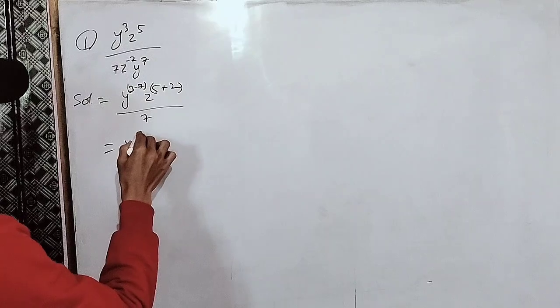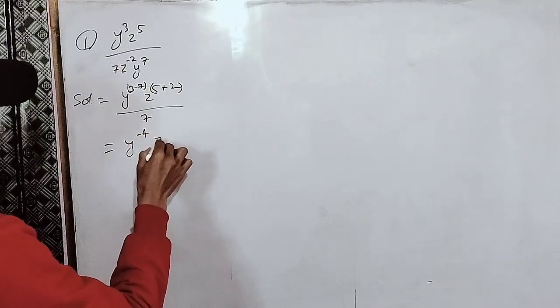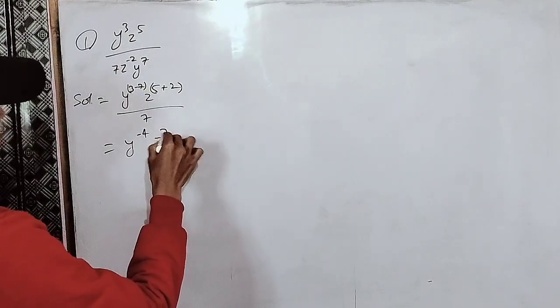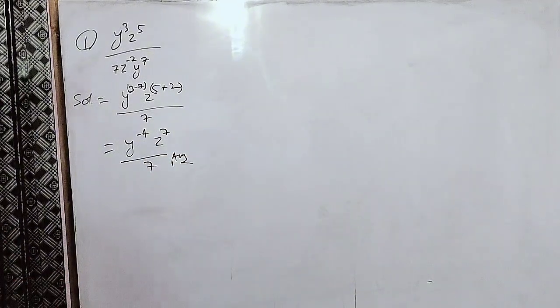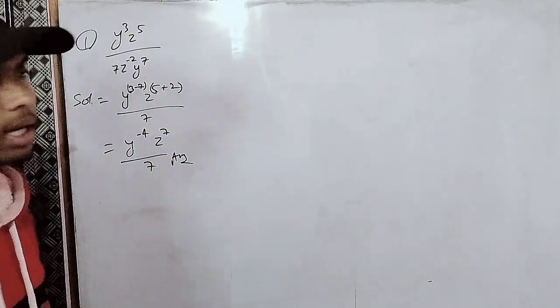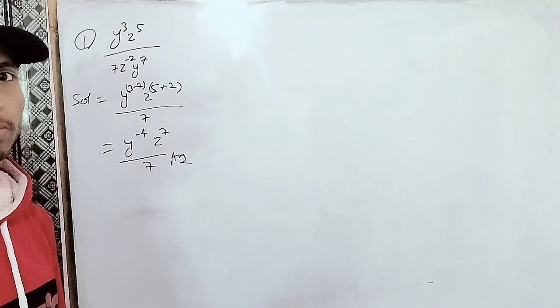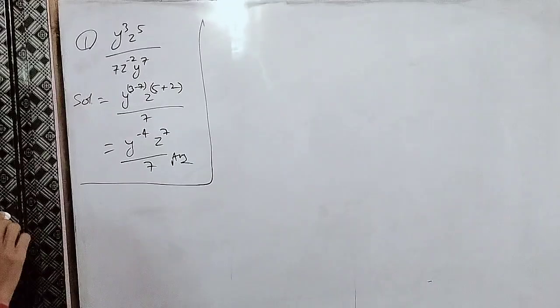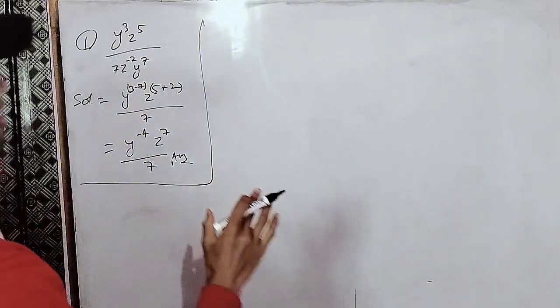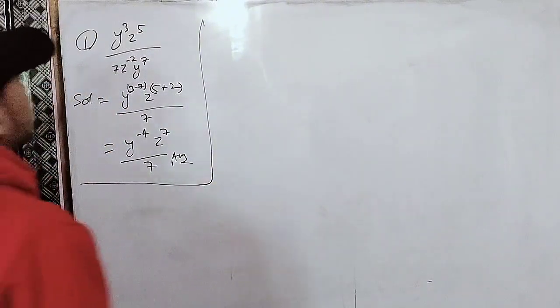Then just minus 4 and then z with exponent 7. This is the answer. Otherwise we can use what? Product rule. This was a way by applying quotient rule. Okay.